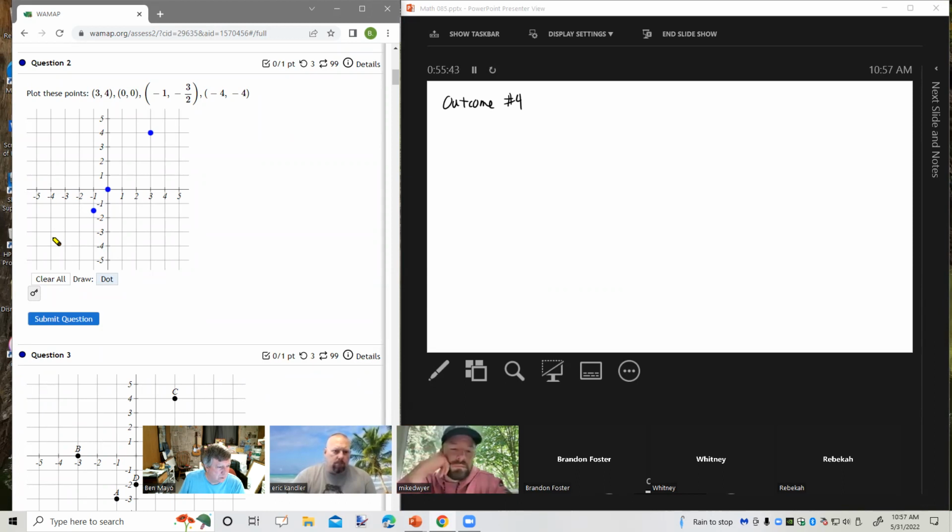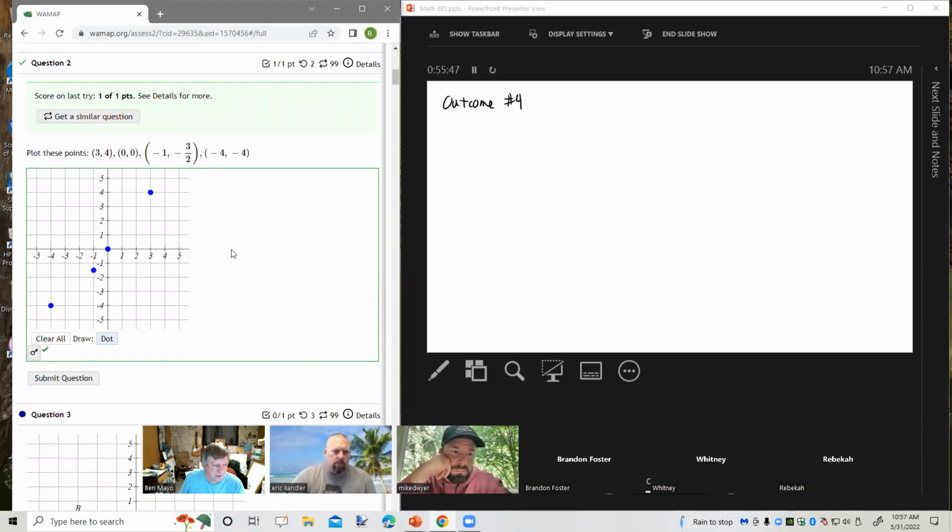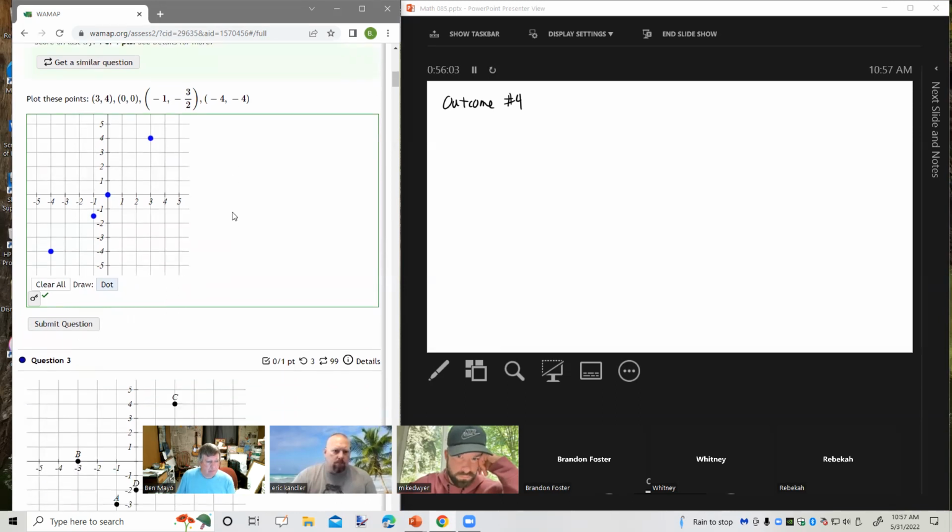And then -4, -4. Any question about those? I changed that into a mixed number to know where to locate it. They don't typically write mixed numbers in ordered pairs, but when you've got an improper fraction like that, you need to convert it to a mixed number to know where to plot it.